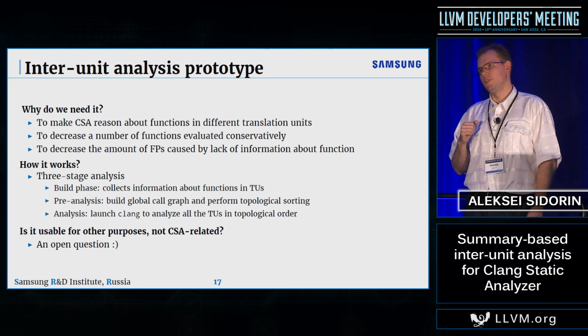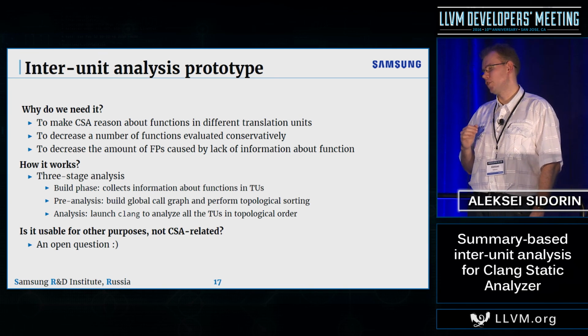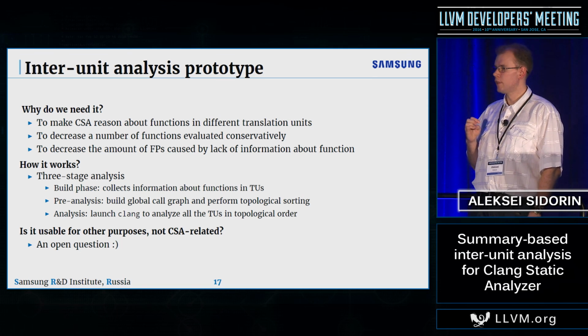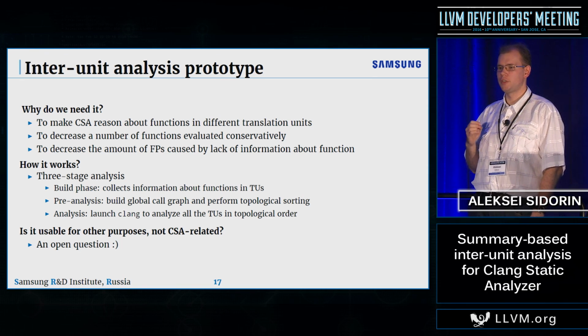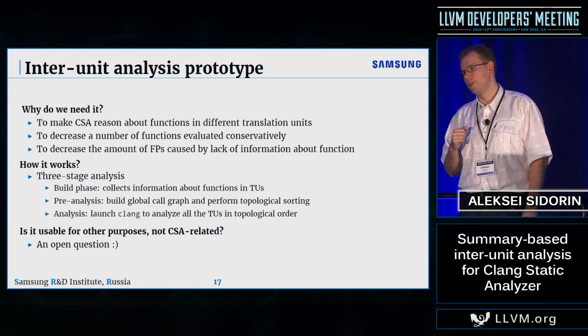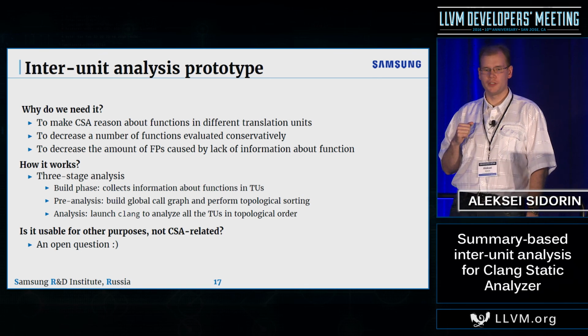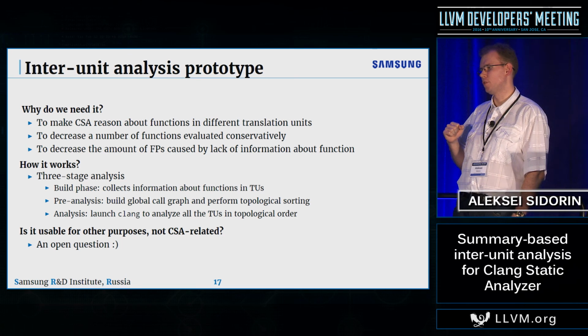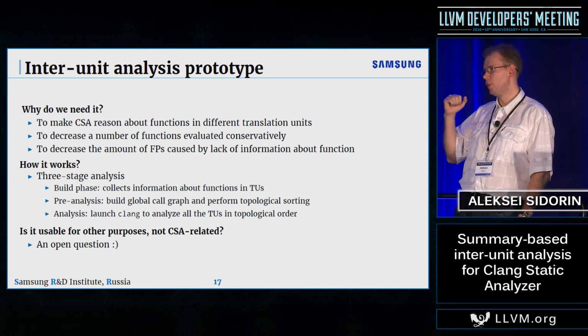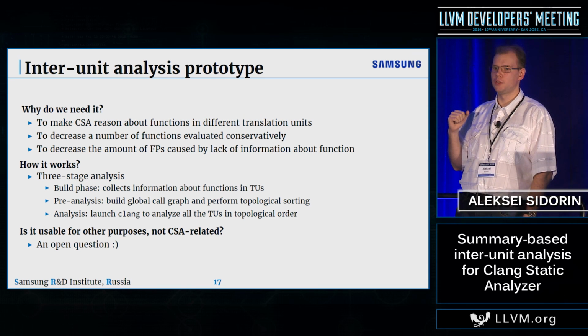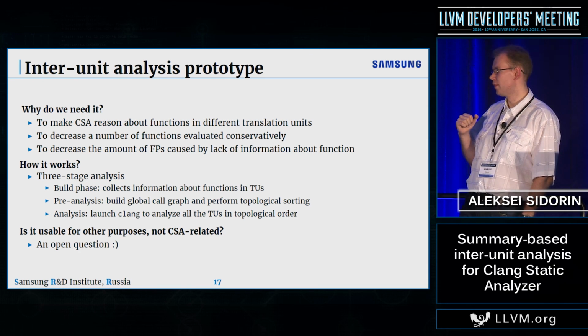These calls to functions are analyzed conservatively, so some false positives appear and some warnings are missed. When we started the implementation of XTU, we expected the growth of warnings amount and also improvement of the true positive rate for some checkers, because the lack of call context is a known source of false positives.